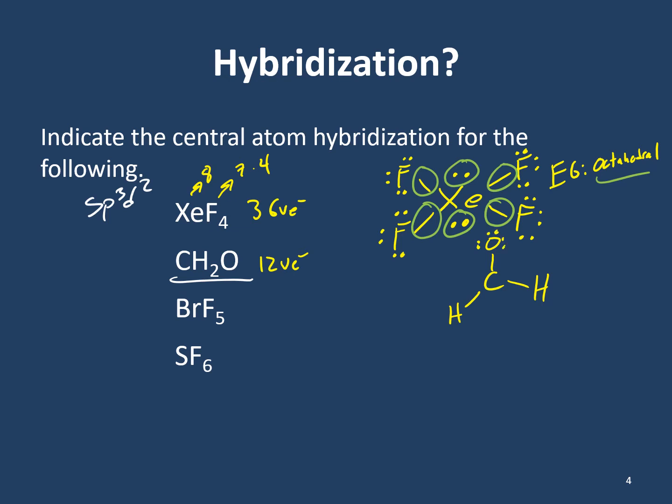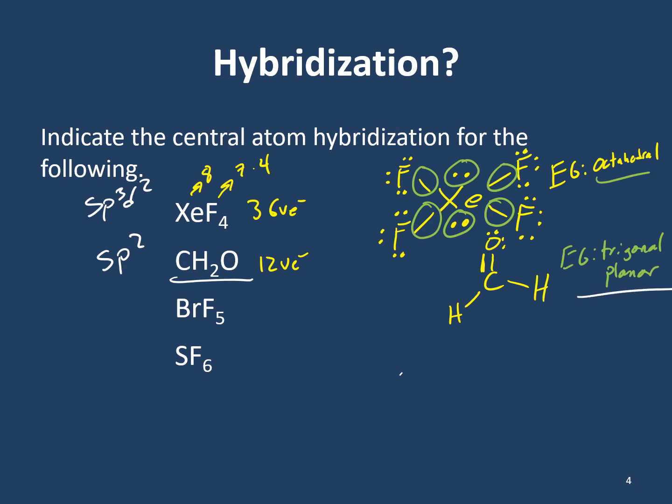We're out of electrons. Oh no, carbon doesn't have an octet. What do we do? We have to form a double bond. So erase one of your sets of lone pairs and turn it into a double bond. The electron group geometry here is going to be trigonal planar. Meaning this has sp2 hybrid orbitals present, because that's the type you have when you have trigonal planar electron group geometry.